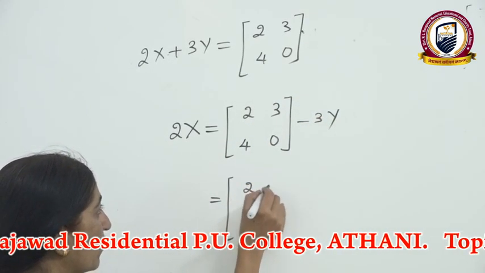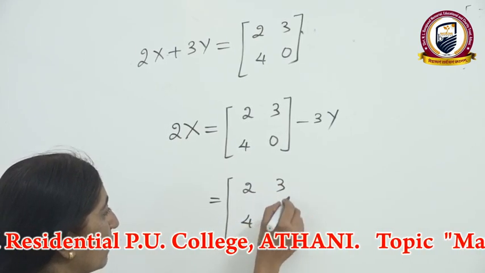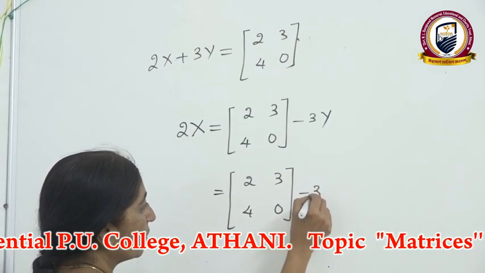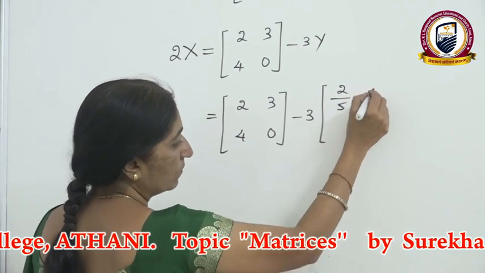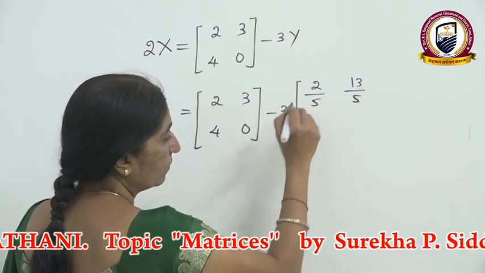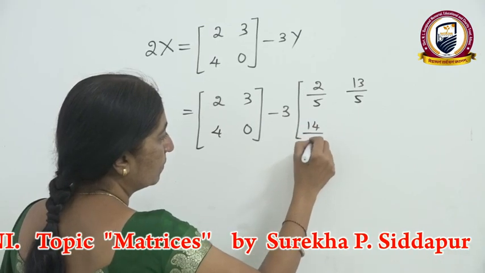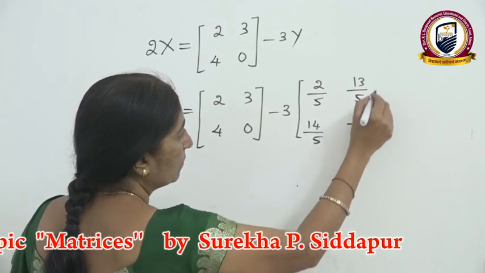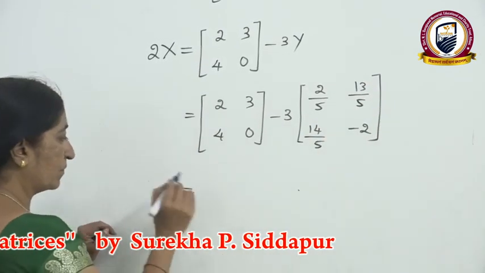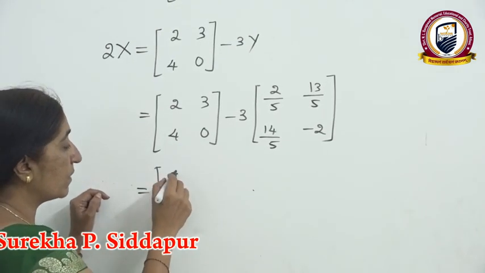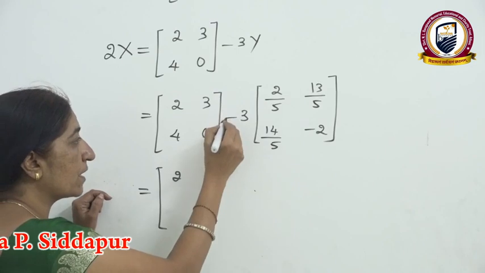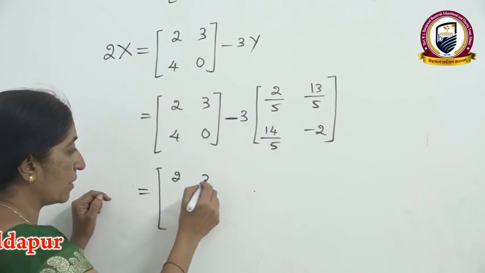And we already calculated the y value. Write down that y value. After writing the y value, just multiply each number by 3. Remember, keep minus as it is.